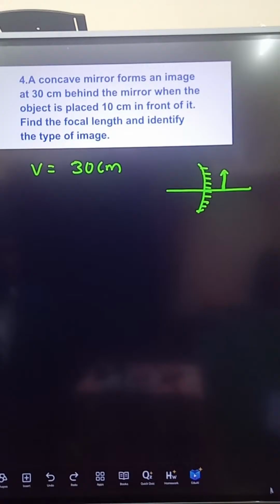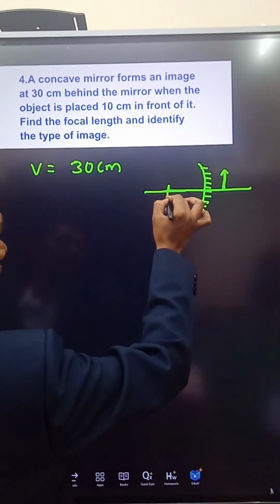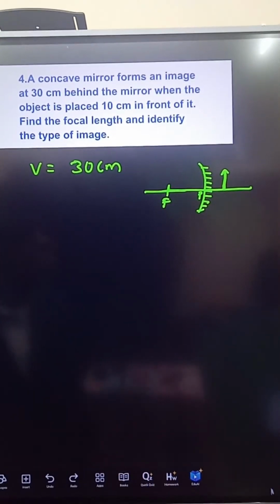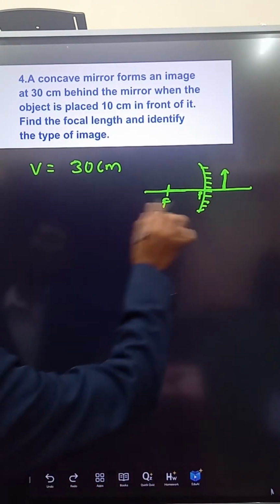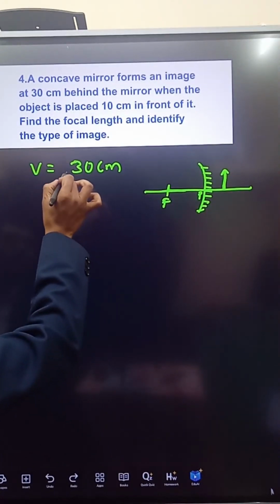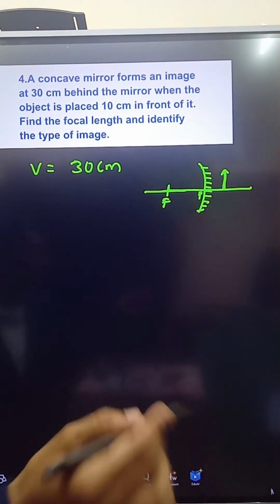And you should also guess immediately this is possible only when the object is kept between F and P. It means the object comes in between. Remember, this is the condition for that. Since the image is formed behind the mirror, it is always taken as positive. That is why it is 30 centimeter. I am not writing any sign, which means it is understood that it is a positive value.